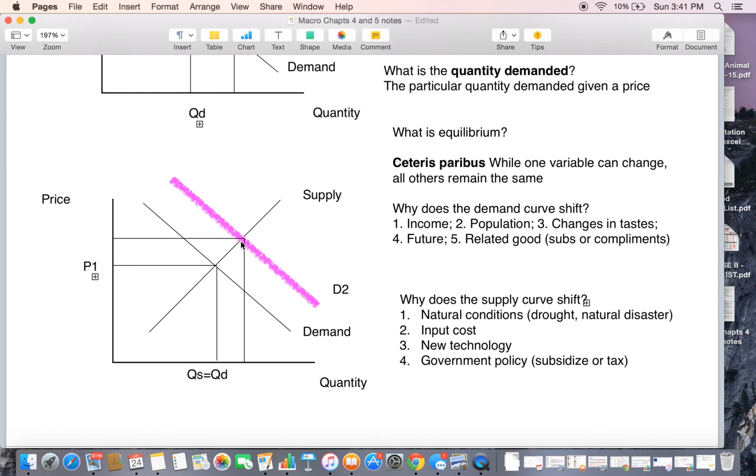The demand has shifted out, demand has increased, or demand has decreased, okay? Whereas supply has increased or supply has decreased. Okay, terminology is very important here.